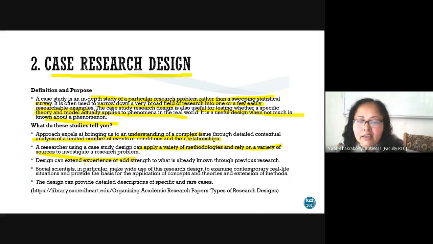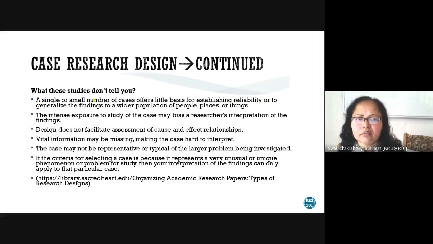It extends our experience or adds strength to what is already known through previous research. A wide use of this research design is for examining contemporary real life situations, which provides the basis for application of concepts of theories and extension of methods. It can also help in providing detailed descriptions of specific and rare cases.